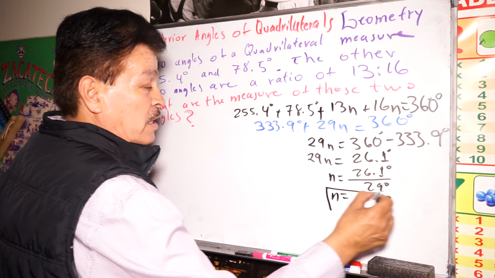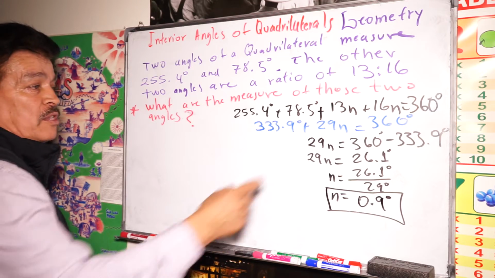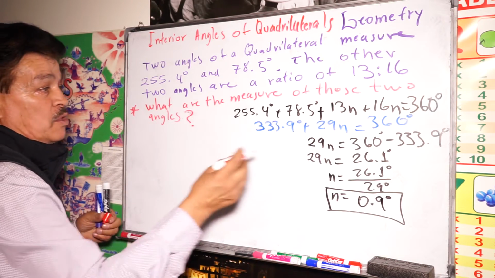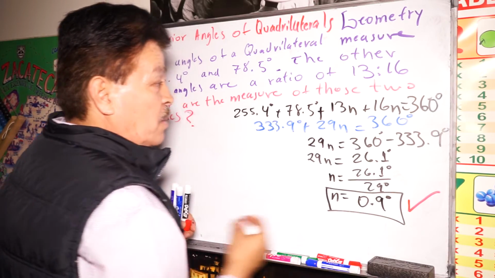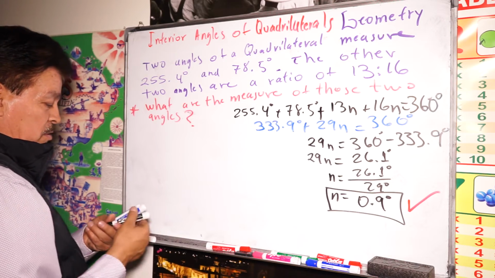Okay, now we found the variable, but look at the other question: what are the measures of those two angles? We need to substitute this number into the variables.